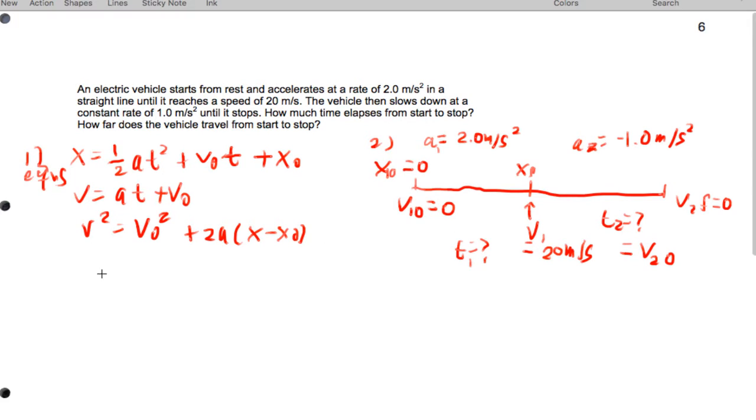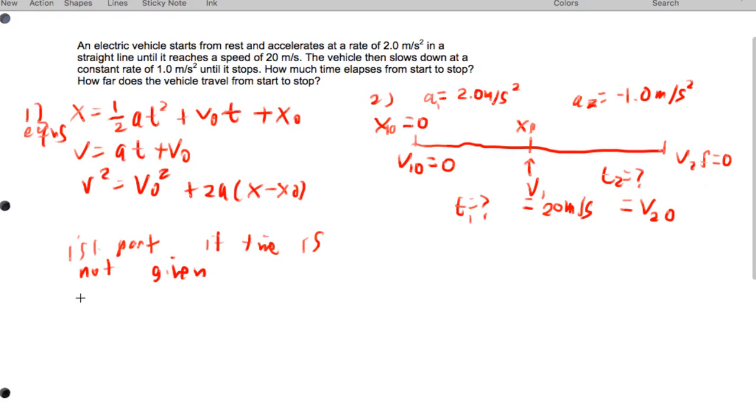Now I want to do the first part, the accelerating part, until we get to 20 meters per second. I'm going to give you one hint. When time is not given, I always go for the easy equation, v squared equals v naught squared plus 2a times x minus x naught.